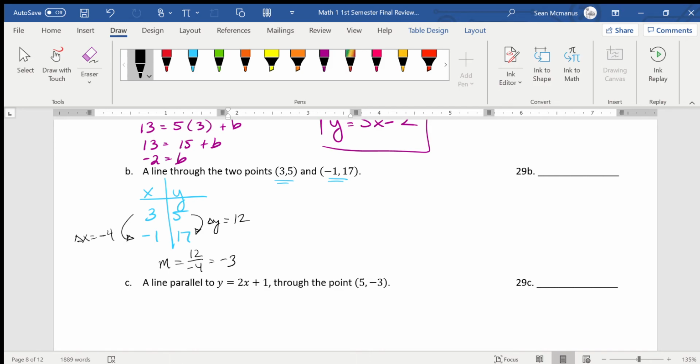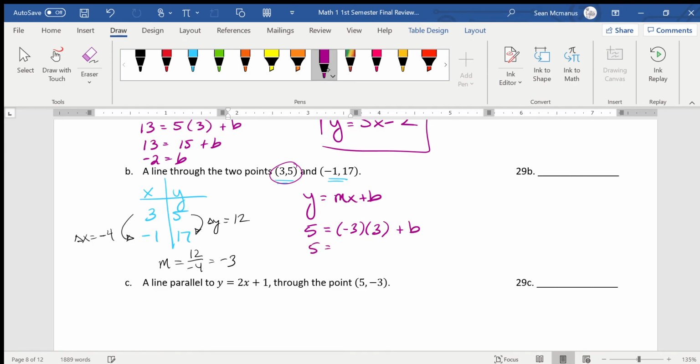So I have to do that first, find the slope. And now I'm going to do what I did up above. So I know y equals mx plus b. And I could pick either one of these points. I'm going to pick this one because it has nice, small, positive numbers. So y is 5. The slope is -3. The x is 3 plus b.